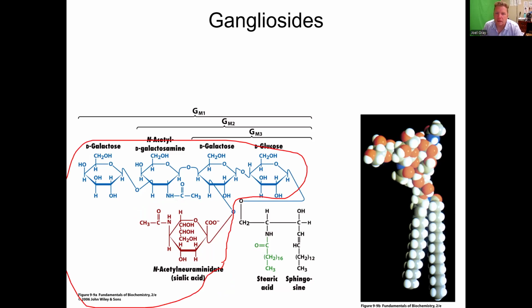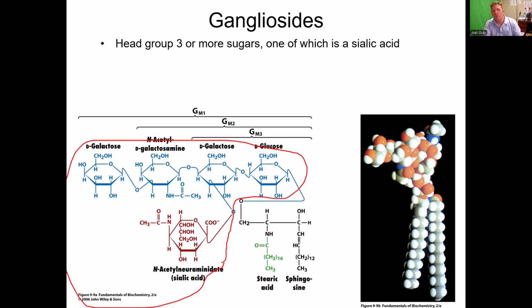A ganglioside has that heart molecule plus this head group that consists of 3 or more sugars. One of those sugars is sialic acid. The molecule that I'm showing you here has a total of 5 sugars: glucose, galactose, N-acetylgalactosamine, galactose, and sialic acid.